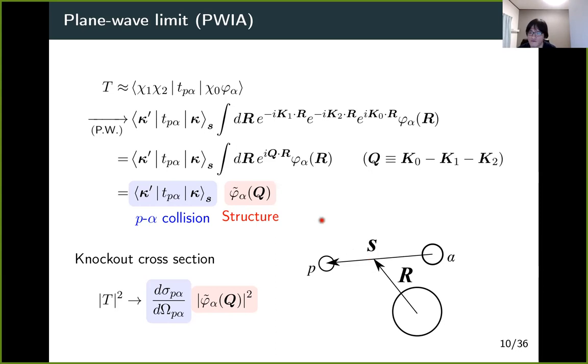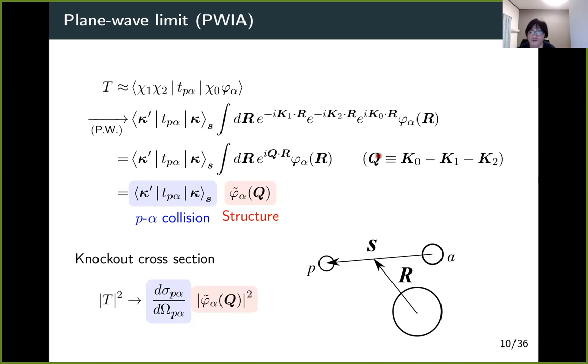The first term, for this little s, gives nothing but the proton-alpha, what I call little t matrix, which gives the proton-alpha elastic cross section. And for the rest, the distorted waves go to plane waves in the plane wave limit, and this is summarized into one term this way. We can define this Q as the difference: this is the initial momentum, and these two are the final momenta of the proton and alpha.